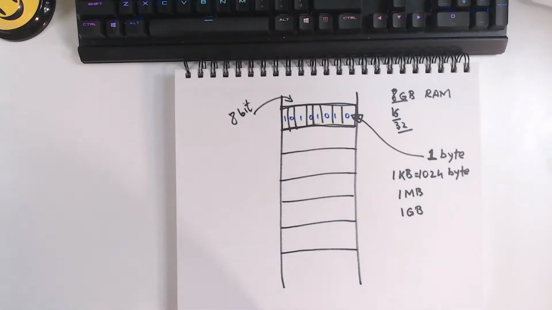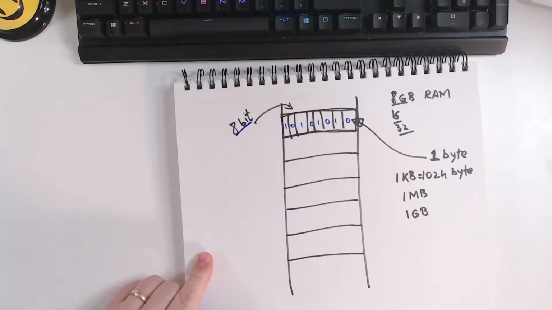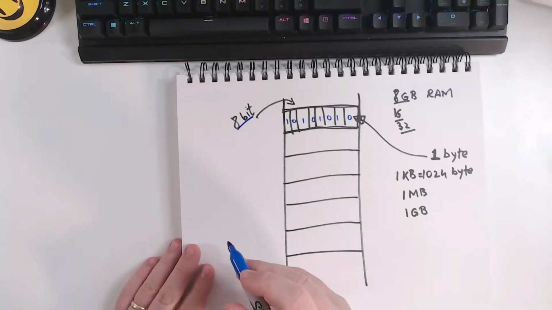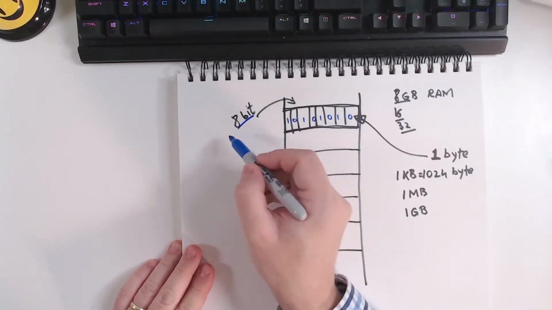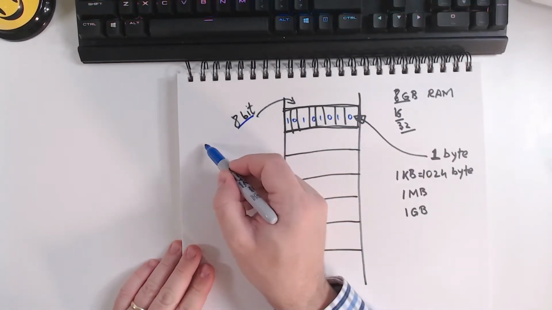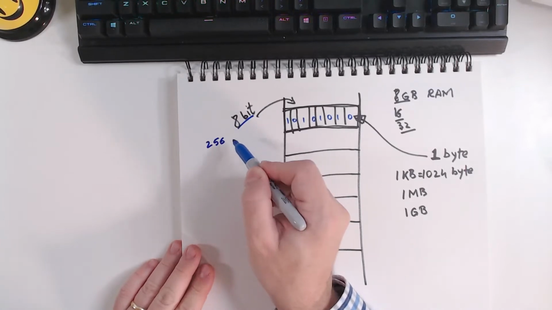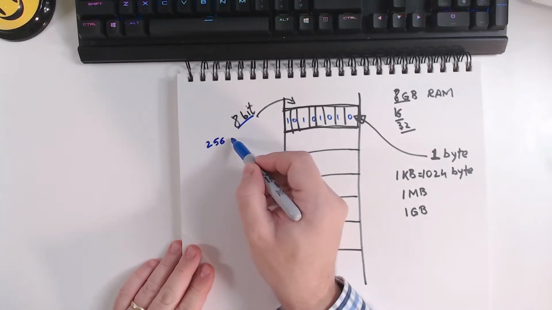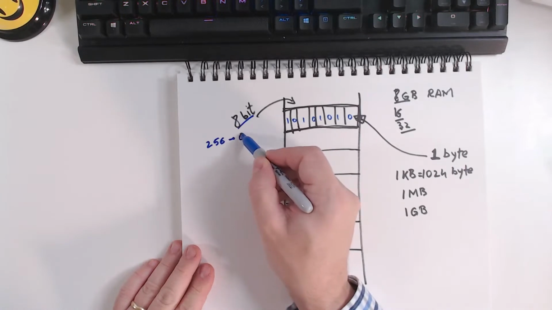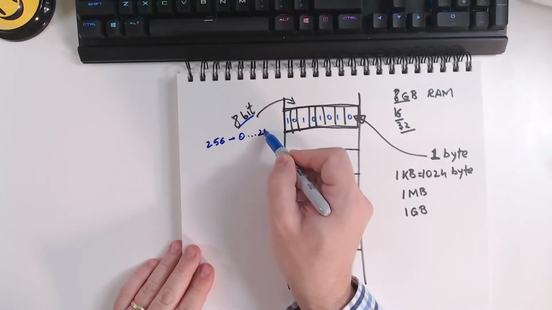So, I said 1 byte is 8 bits, and this is not a lesson about binary numbers. Perhaps we should have one in the future, but just for quick information: because we have 8 bits, we can basically store 256 levels of information, or in other words, we can store all the numbers from 0 to 255.